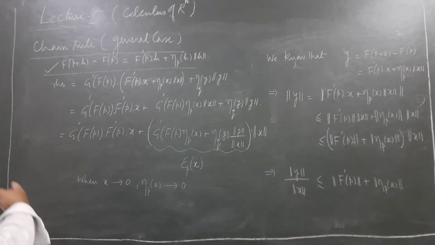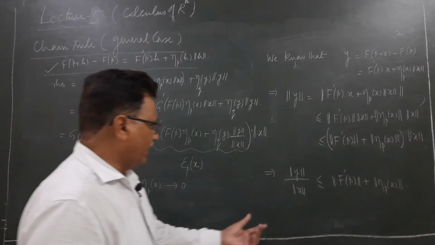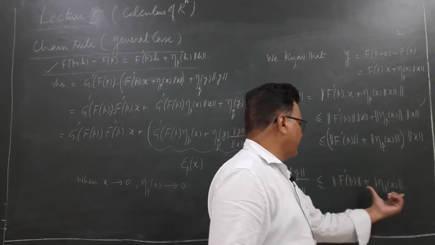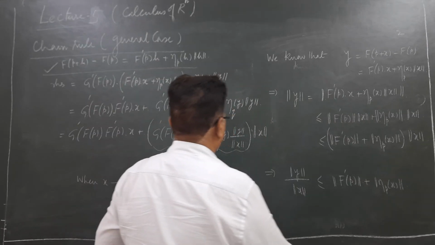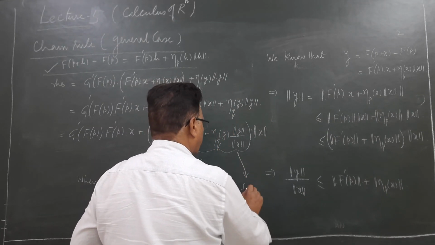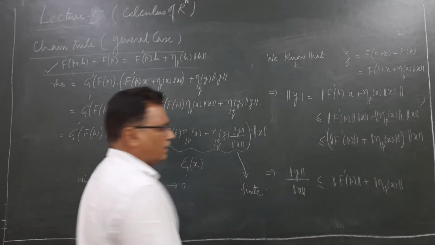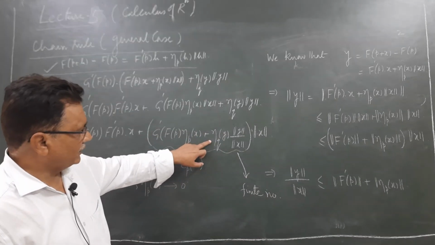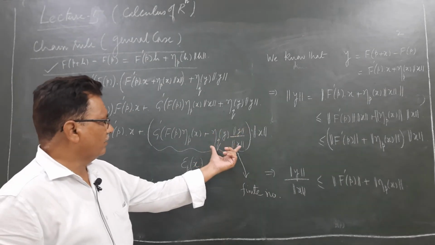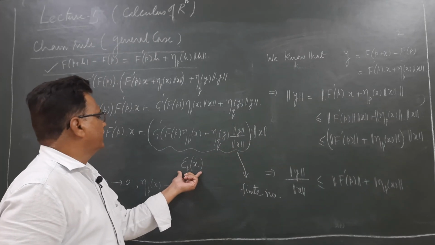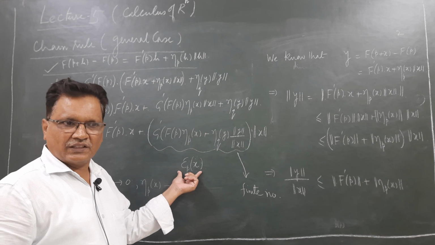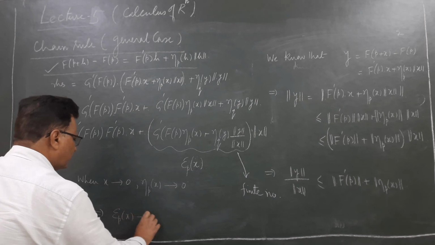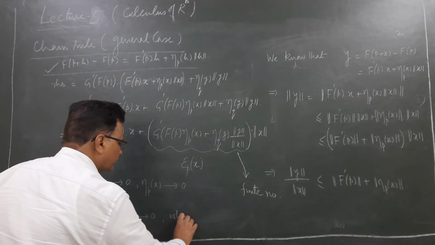Now this quantity, the norm of f dash p, आपने देखा था finite है, and therefore the right hand side is all finite. This eta p already tends towards 0, so the right hand side is a finite number. So this proves that this quantity is a finite number. And therefore this quantity tending to 0, multiplied by a finite number, will tend towards 0. That shows that epsilon p is a continuous function at 0. This implies epsilon p x tends to 0 when x tends to 0.